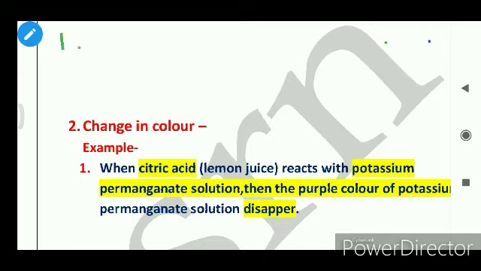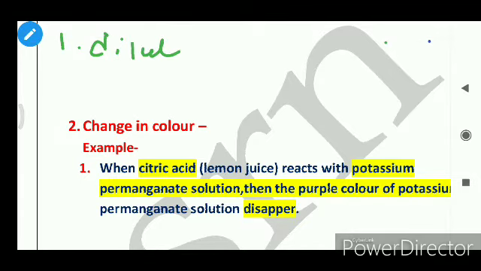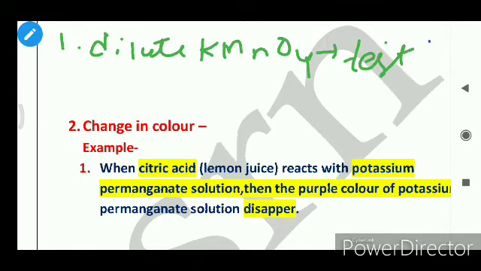Number 1, take some dilute potassium permanganate solution in a test tube. The color of potassium permanganate is purple.